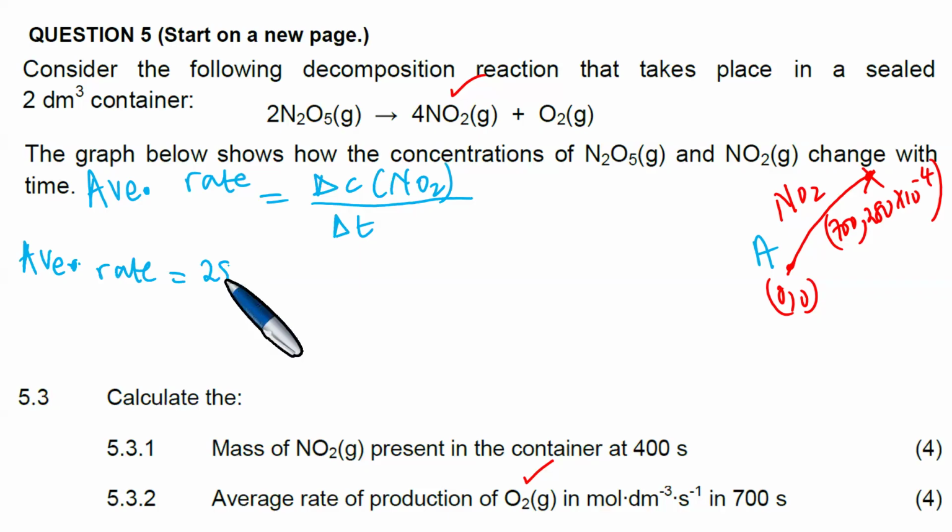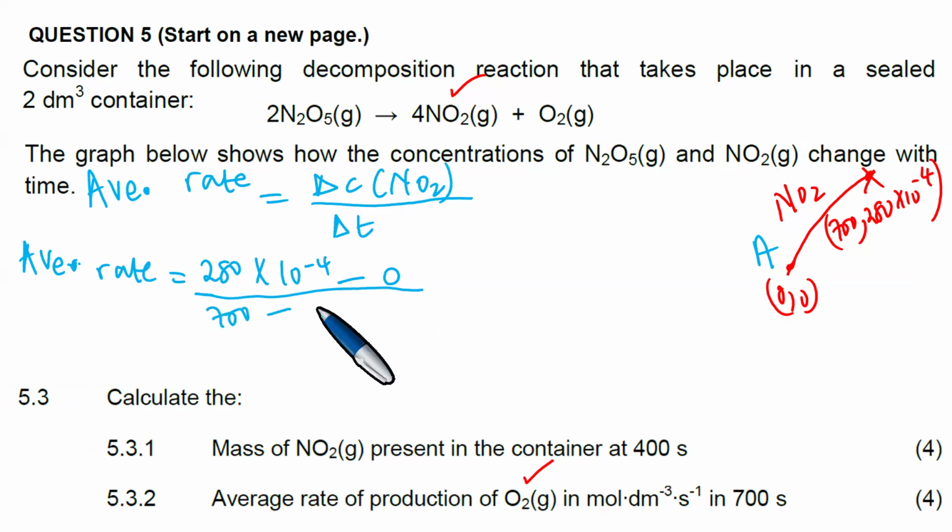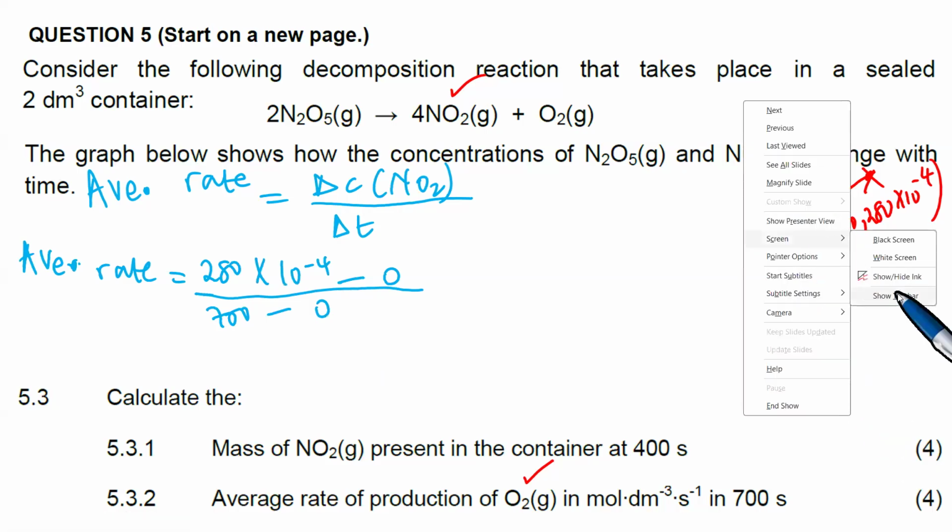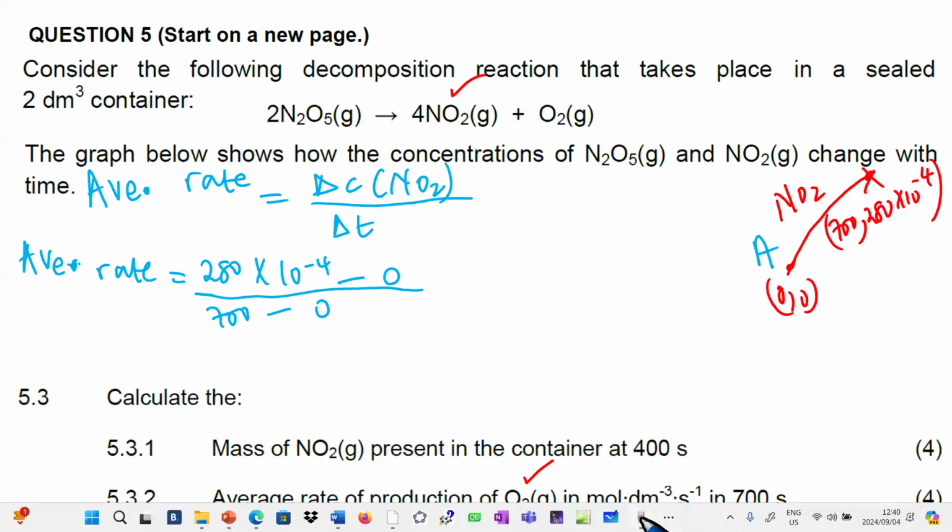It's going to be exactly 280 times 10 to the minus 4, which is this one minus 0, divided by the change in time, which is 700 minus 0. Because this graph starts from the origin and it ends there, we just need to choose 2 points on the graph, but you can also choose some intermediate points.